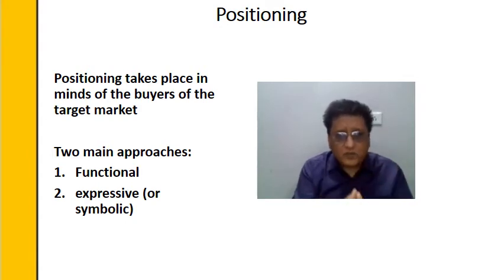It mainly deals with the pleasures that a brand can give. Even in the case of an industrial product, it is possible to position your product successfully in the expressive positioning category.